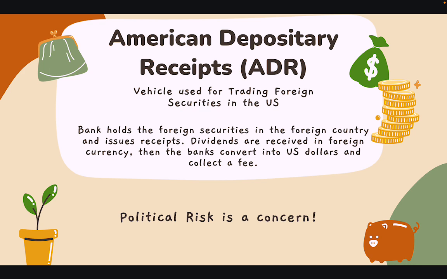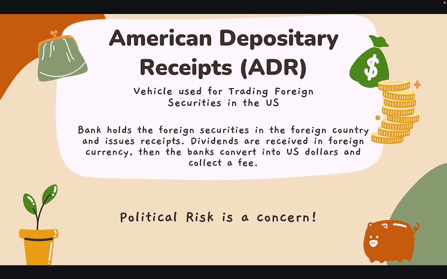The dividends are received in the foreign currency by the bank from the company that you purchased it from, and the bank in the foreign country converts whatever that currency is into US dollars, and they collect a fee.